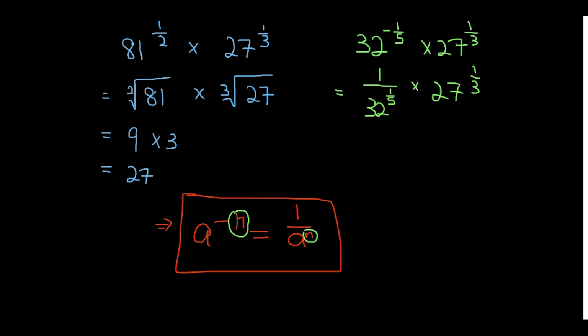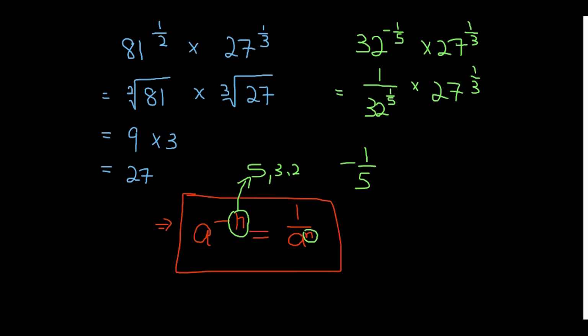Okay, I have a question for everybody. Is negative 1/5 negative 5, or is it negative 1/5? It's negative 1/5, right? So remember what I was saying here. This n doesn't have to be just an integer, just 5 or just 3 or just 2.